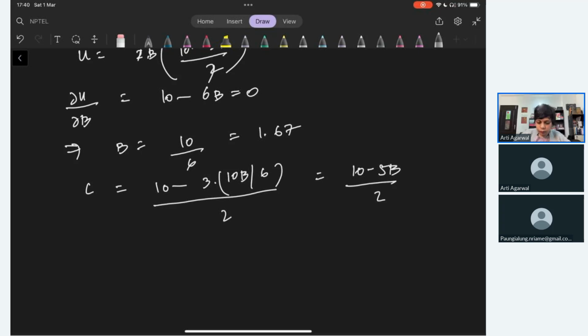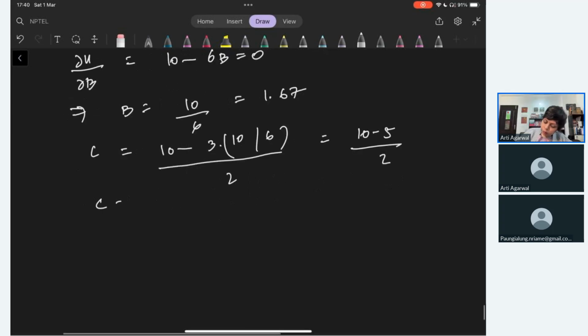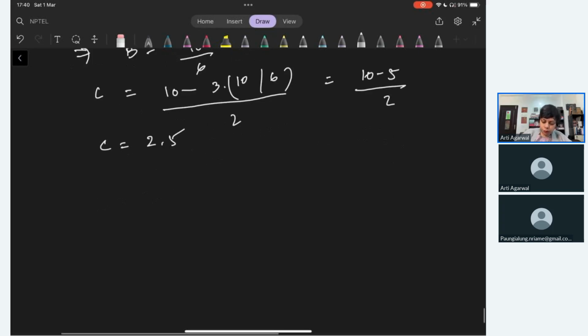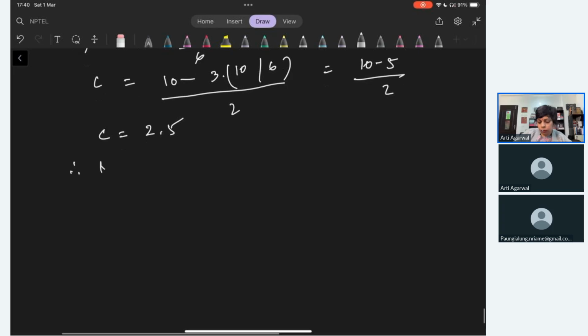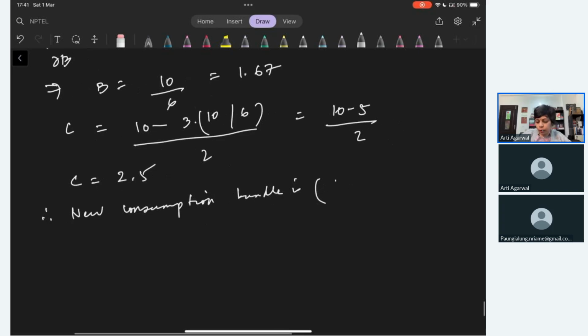Okay, so this is your new consumption bundle now. Now you can see there is a change in both the quantities, not just one quantity.